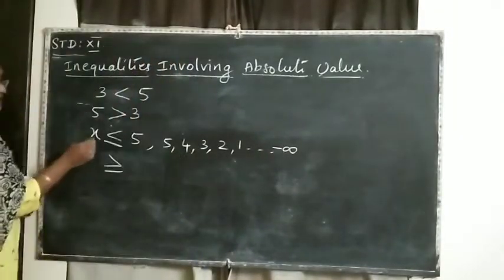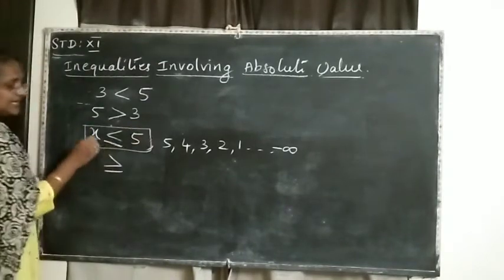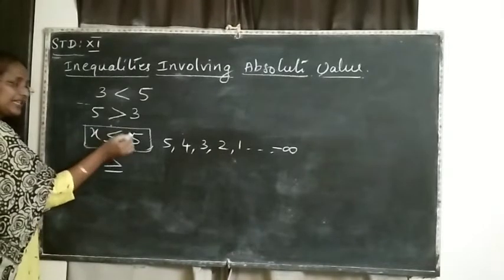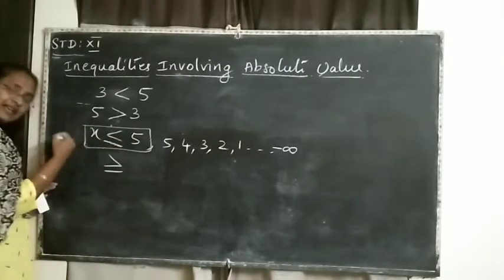Okay, now look into this. So once again x is less than or equal to 5. அப்போ x takes a value which is equal to 5 and also less than 5.